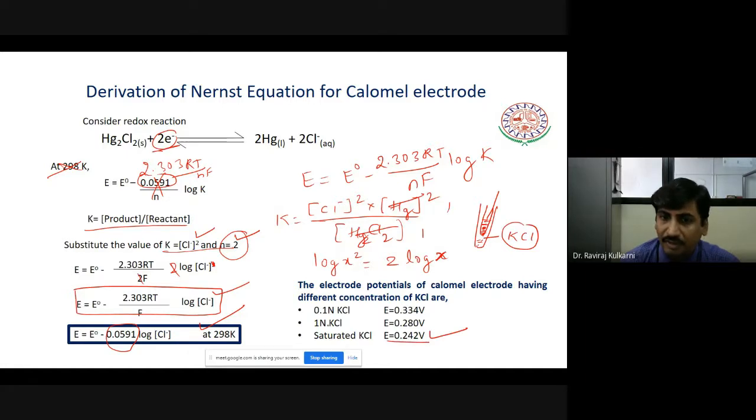If you use 1 N KCl, its value is 0.280 volt. If you use 0.1 N KCl, it is 0.334 volt. This we call the decinormal calomel electrode. The one normal one we call the normal calomel electrode, and this we call the saturated calomel electrode.